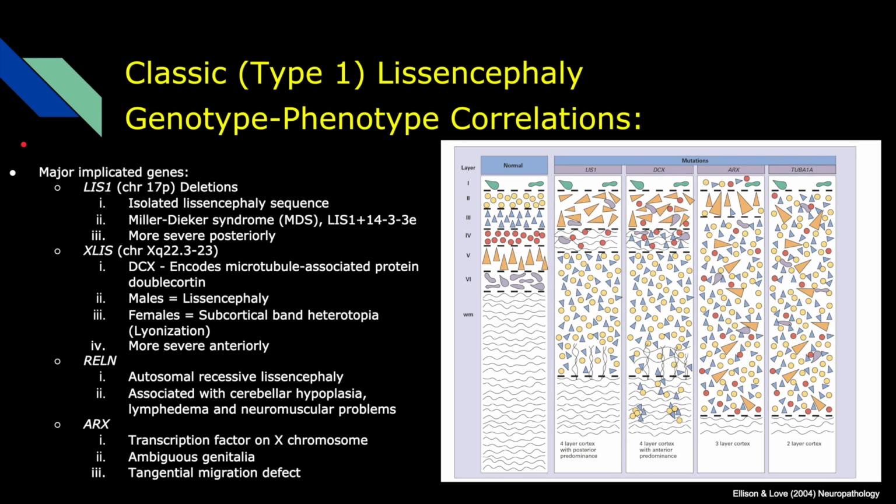So LIS1 again is the autosomal dominant form and can give you isolated lissencephaly sequence, so just lissencephaly.